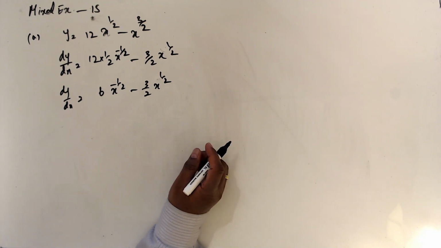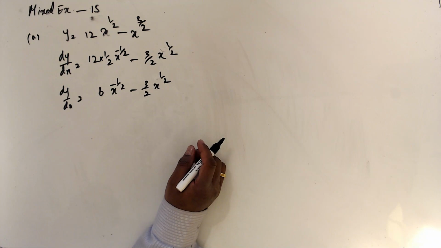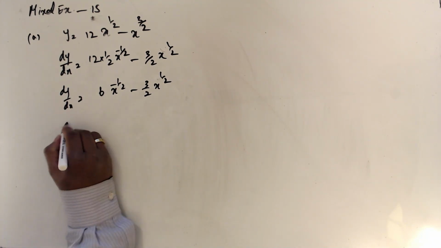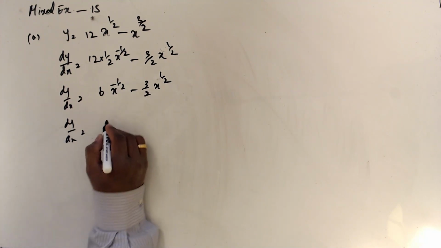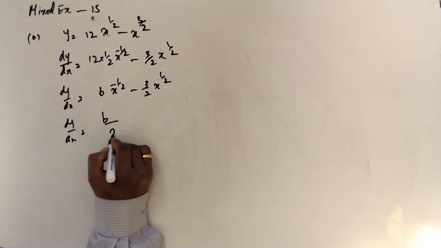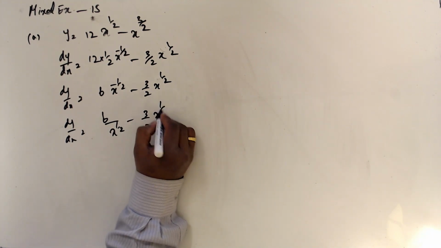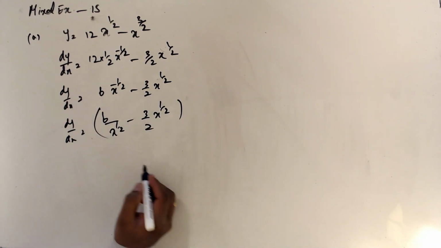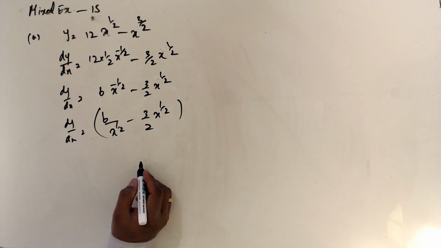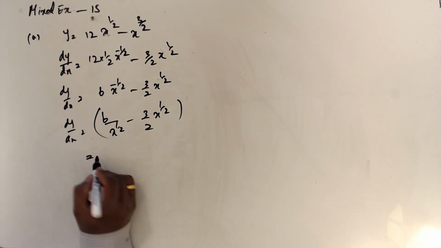So we want to show this one. dy over dx equals 6 over x to the half, minus 3 over 2 x to the half. Now I need to take this x to the half out.